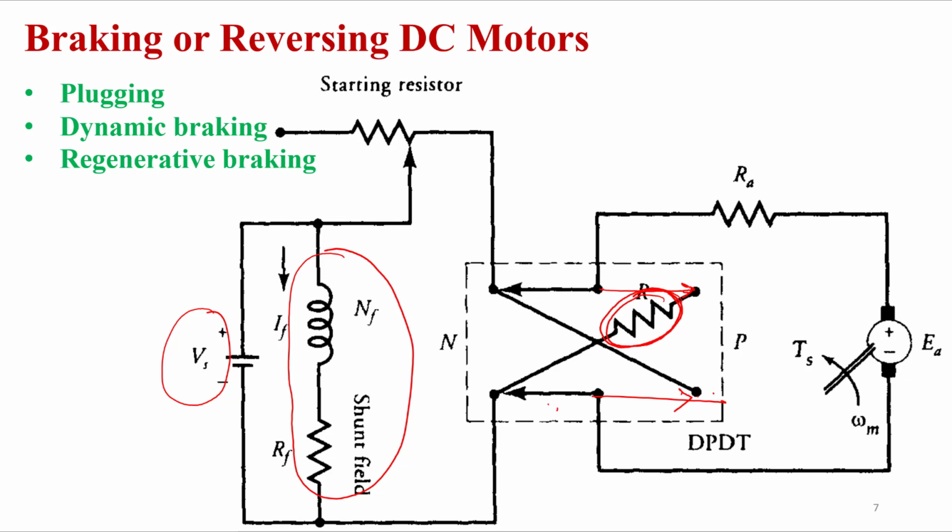As soon as the circuit closes these two contacts, the current flow through this will reverse. If it is flowing in this direction, now it will flow in the other direction. This is your normal way, and when it is reversed, the current flow becomes different.